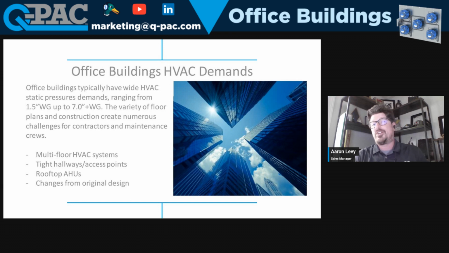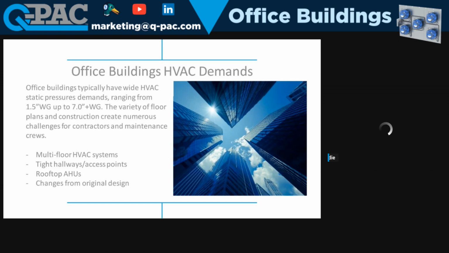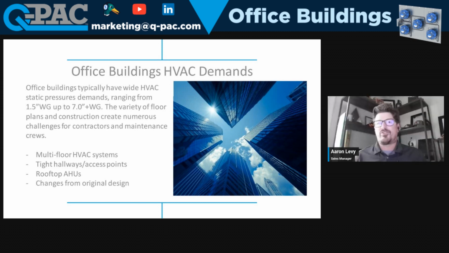So with office buildings, very similar to any other kind of building that we've talked about before, typically have a wide range of static pressure demands. A lot of them somewhere from 1.5 inches to 7 inches on the supply side. Returns can vary. And they'll have a variety of floor plans and constructions.